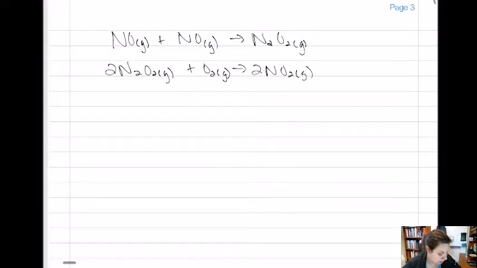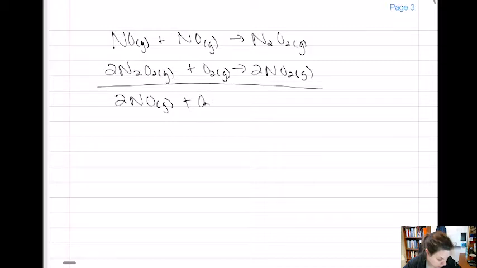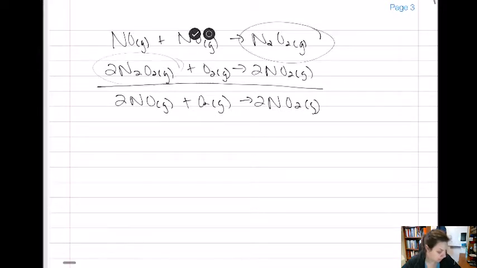Okay? Overall, we get an equation that looks like this. Which is missing this substance right here.